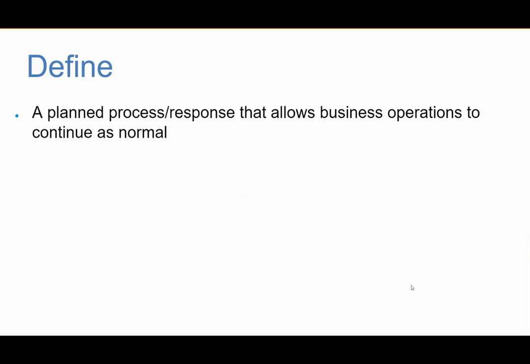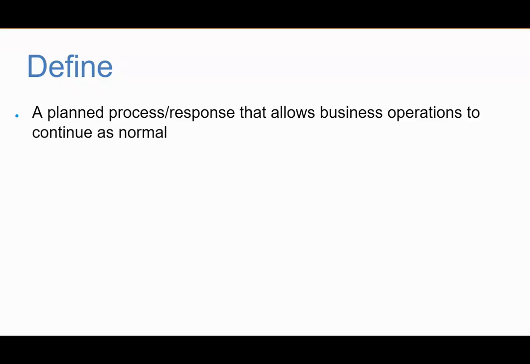Okay, so I'm looking at disaster recovery and defining it. The best definition I can come up with is it's a planned response or process that allows a business operation to continue as normal. So at this point, a good decision to make would be what is a business operation that's critical to our organisation.